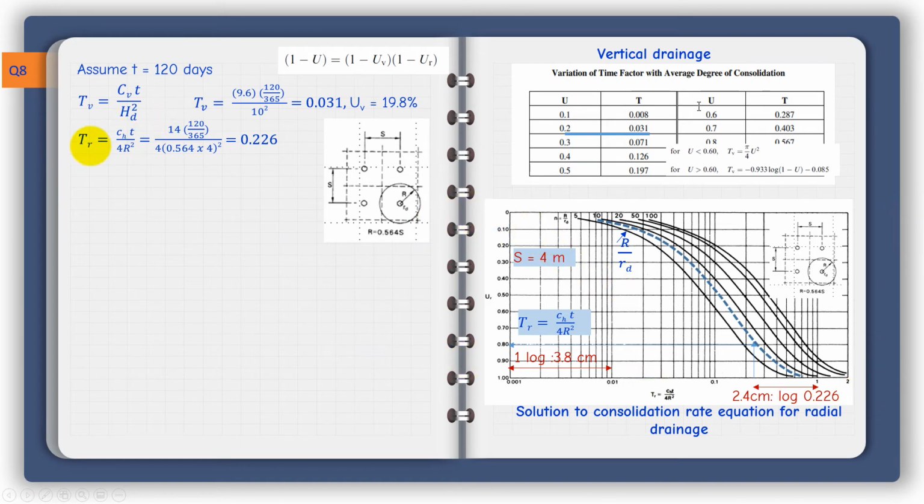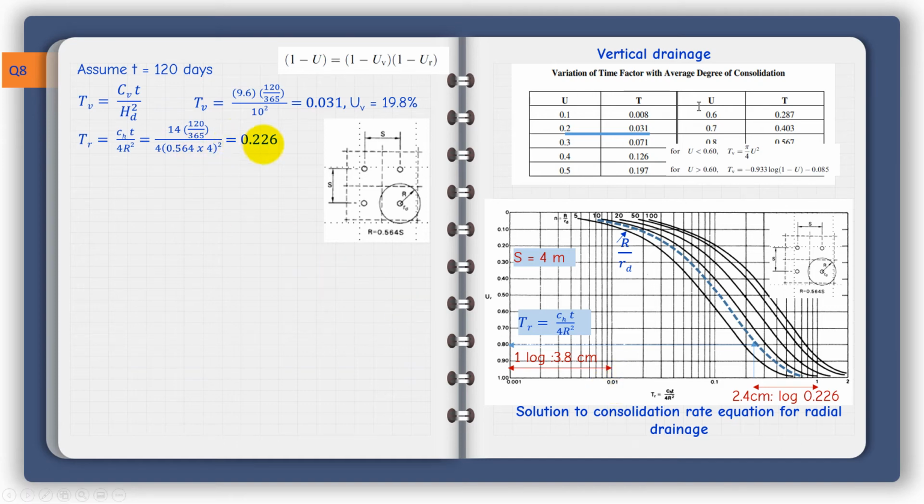Now I need to get the degree of consolidation, vertical axis, that corresponds to the time factor being 0.226. To do this, you will have this on a piece of paper. So 1 log unit here with me makes 3.8 centimeter for the time factor changing between 0.001 or 0.01 or any other one full log unit.